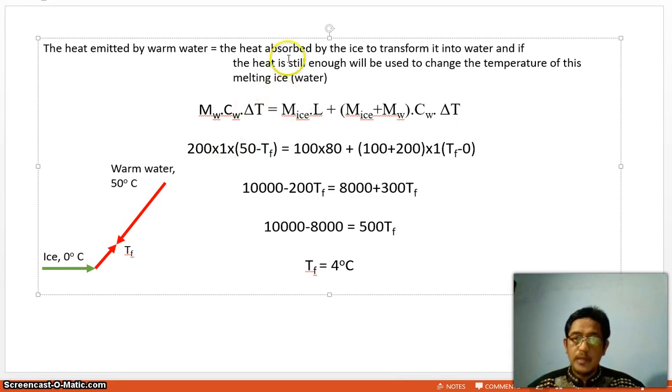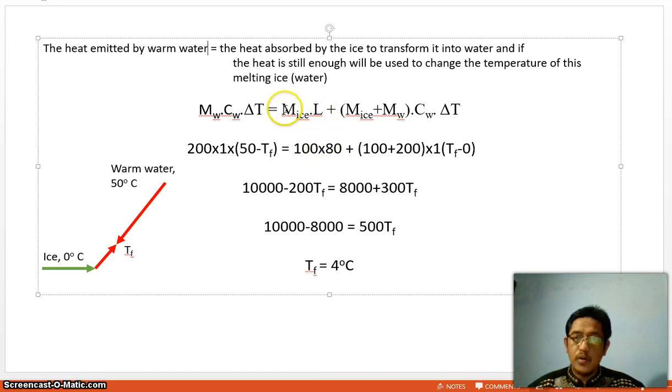And this heat will be absorbed by the ice and used to melt all this ice into water at 0 degrees Celsius. That is m ice times L: the mass of the ice, which is 100 grams, times the latent heat of ice, which is 80 calories per gram.